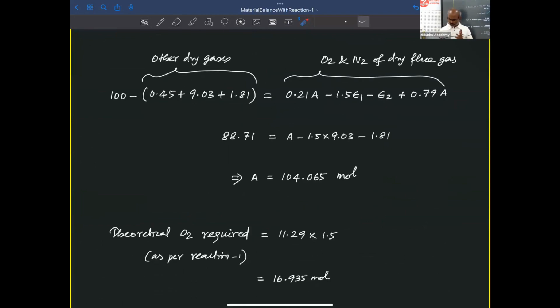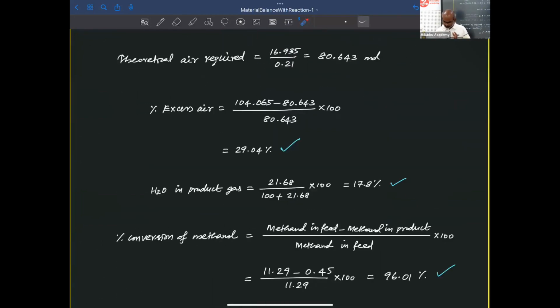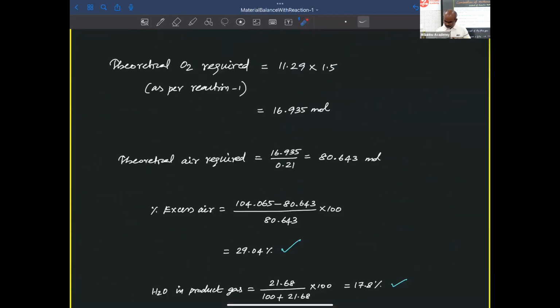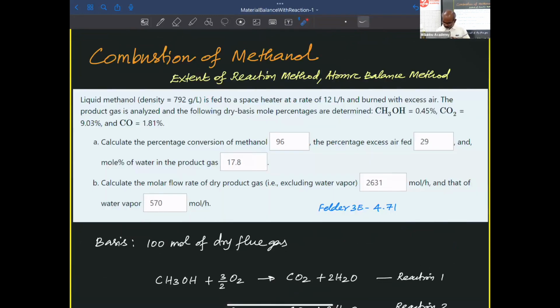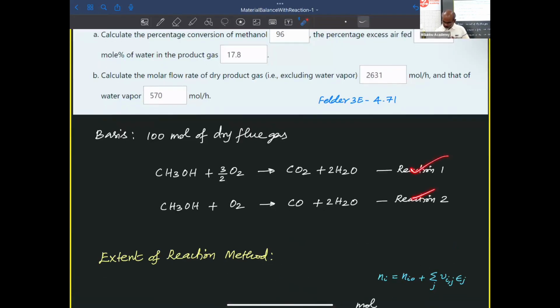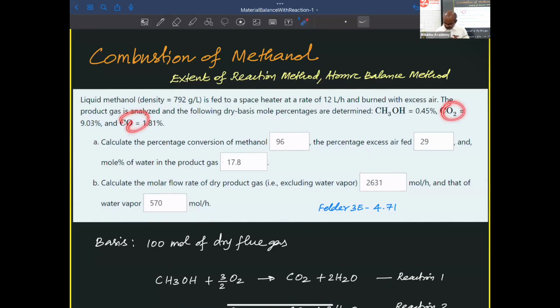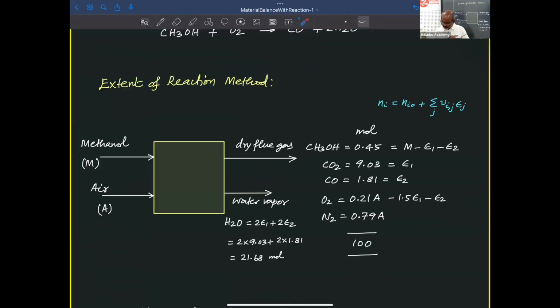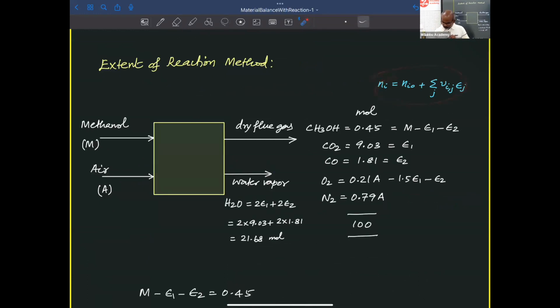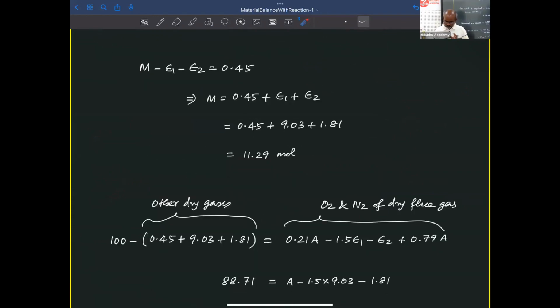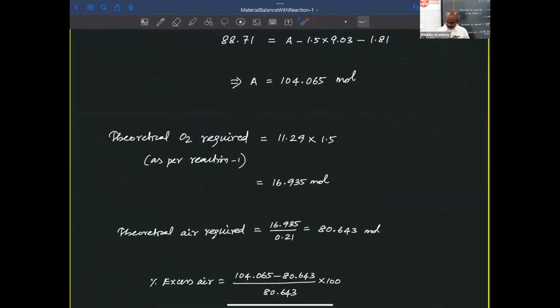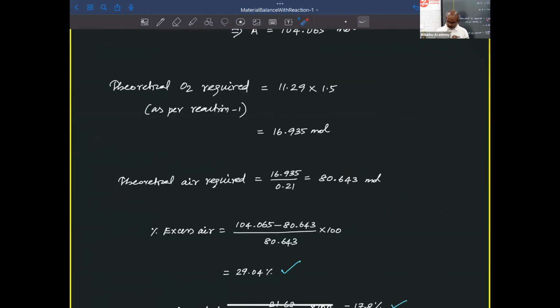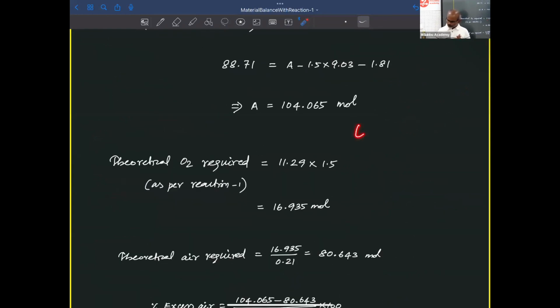That is from the dry basis data and from the reaction data. We are writing these two reactions because of the availability of CO2 and CO in the product. By writing this formula, we are able to get the values of M, the methanol entering, and the air entering, as well as the water leaving. From that, we calculated the theoretical O2 requirement, based on the first reaction of complete combustion of methanol to CO2.